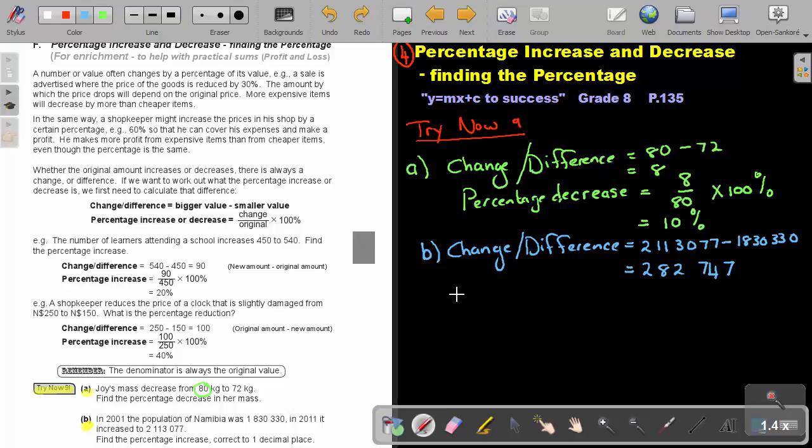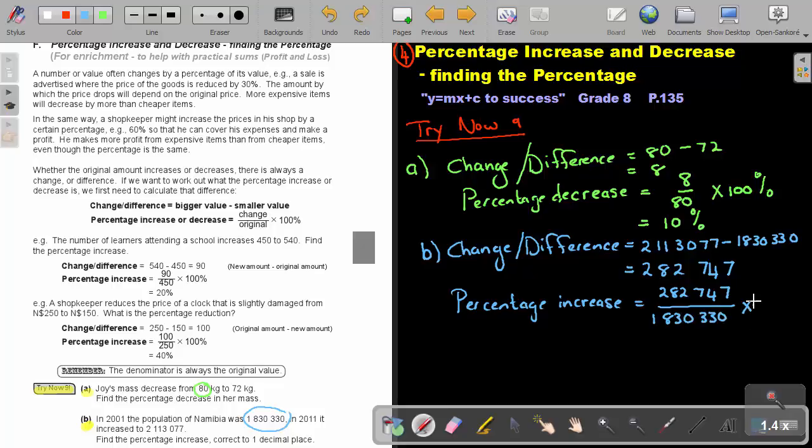But I want to find the percentage increase. And that will now be this 282,747. And I put it over the original one, the one they mentioned first. And that was that one. So it was 1830330.